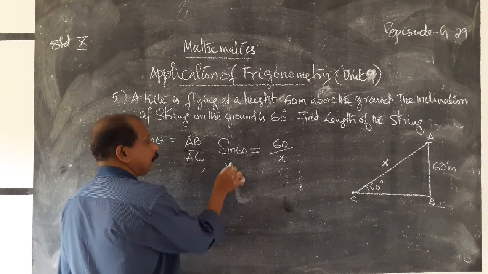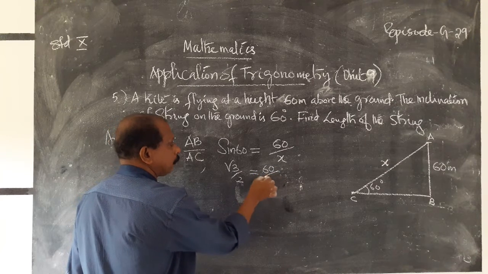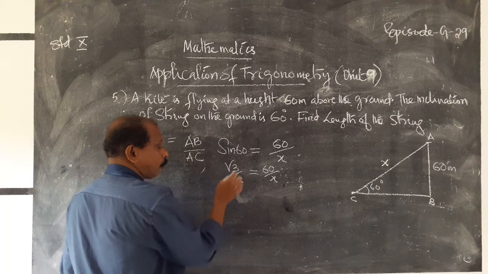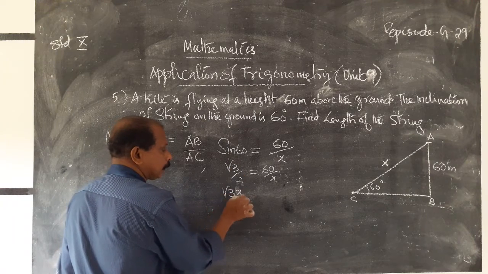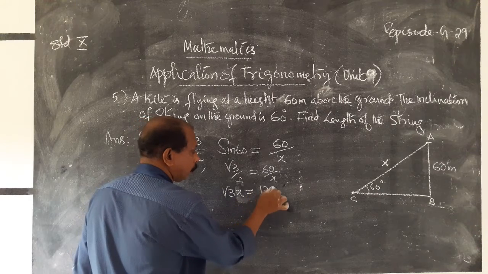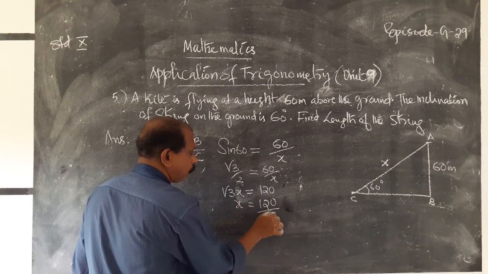What is sine 60? Root 3 by 2 is equal to 60 by x. Cross multiplication, x into root 3, that is root 3x is equal to 60 into 2, that is 120. Therefore, x is equal to 120 by root 3.